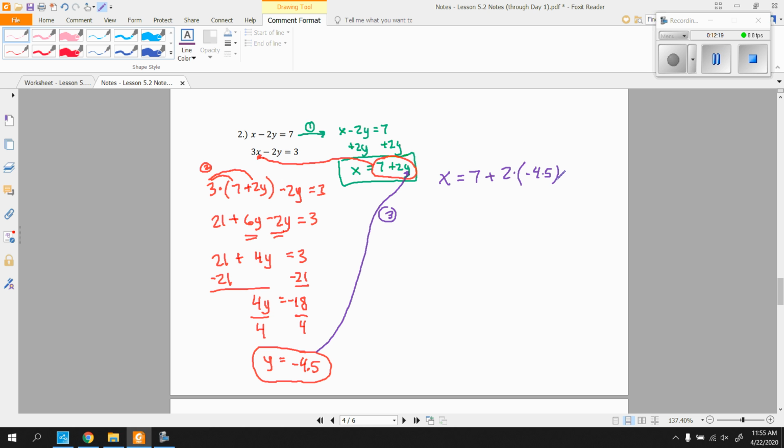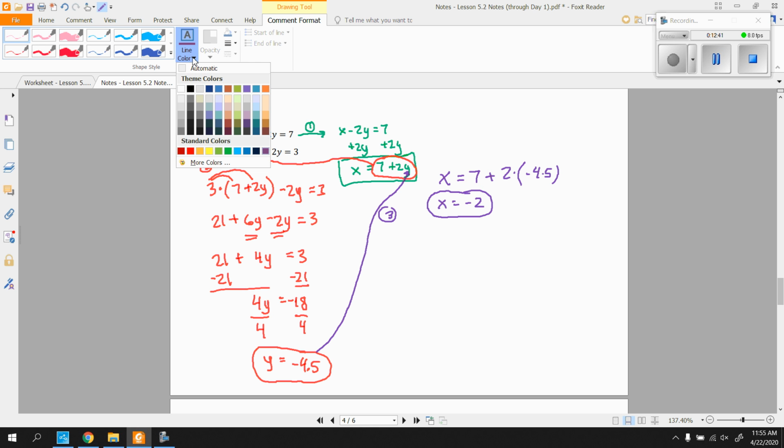All right, so let's evaluate it. What is 2 times negative 4.5? That's negative 9. So just this portion is negative 9. Negative 9 plus 7 is negative 2. So I'm feeling pretty good about my answers. I don't think I made any mistakes, otherwise I would have fixed it, obviously. The last portion is as important as any: the check.